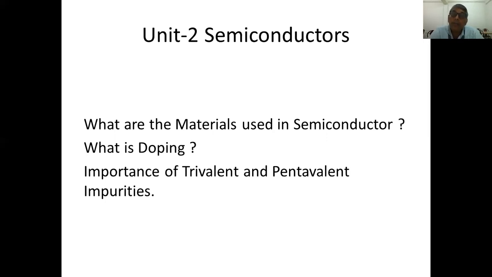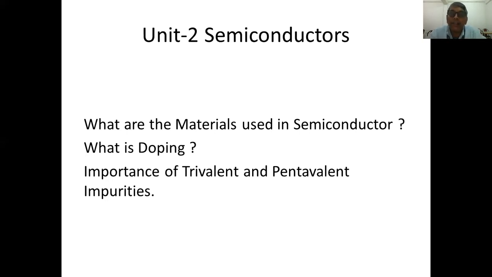Then how the semiconductor materials are prepared, the formation of semiconductors. Then what is doping? Because a pure semiconductor is actually an insulator, which has the property of an insulator, but that property we do not want.